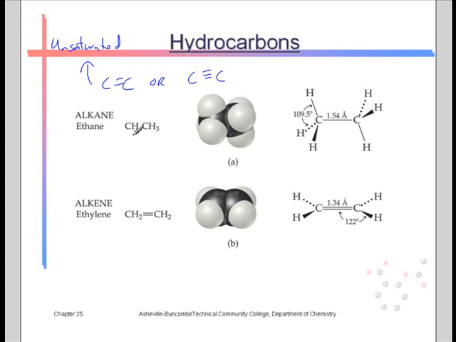And so all it's talking about is that you have an unsaturation point. You have a point at which it's not saturated. Saturated means that all of the positions around the carbons are filled with hydrogens, and here that's not the case. There's a double bond thrown in the mix. You've removed 2 hydrogens going from here to there.